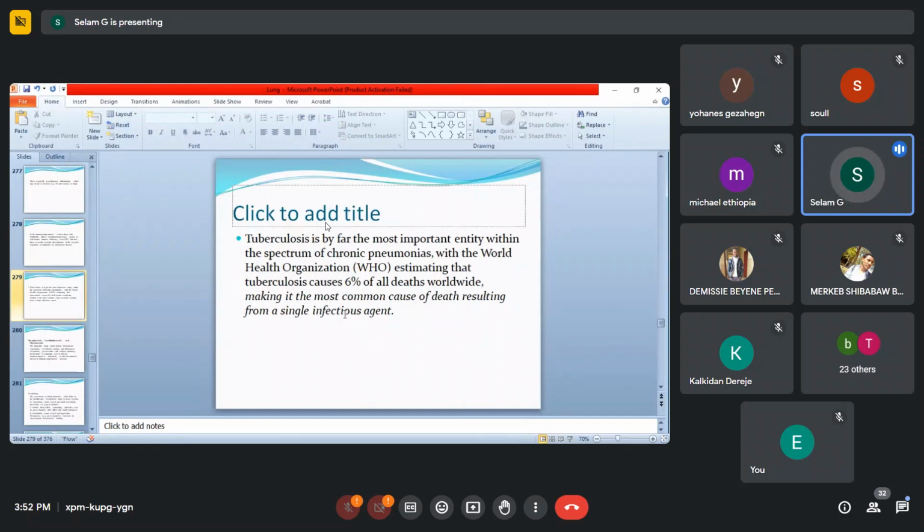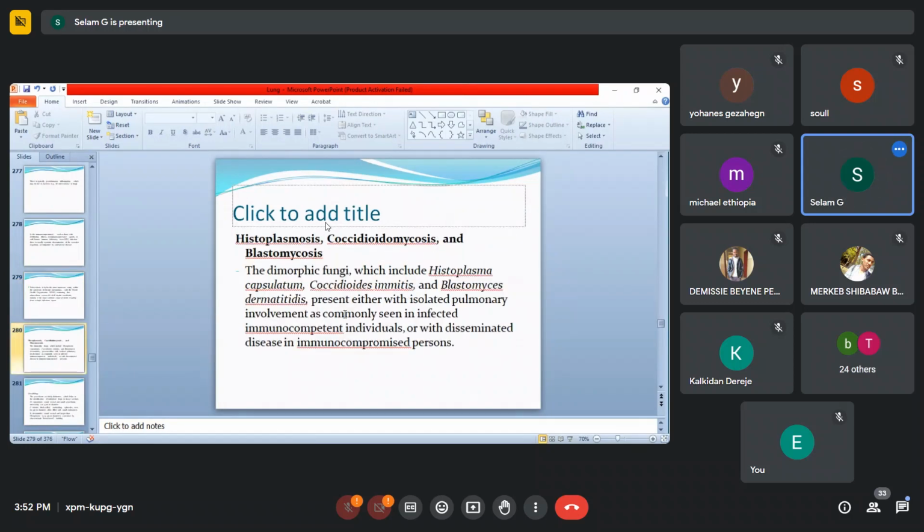TB is by far the most important entity within the spectrum of chronic pneumonia, with the WHO estimating that TB causes 6% of all deaths worldwide, making it the most common cause of death resulting from a single infectious agent, and it is still an important cause of morbidity and mortality in our country as well.